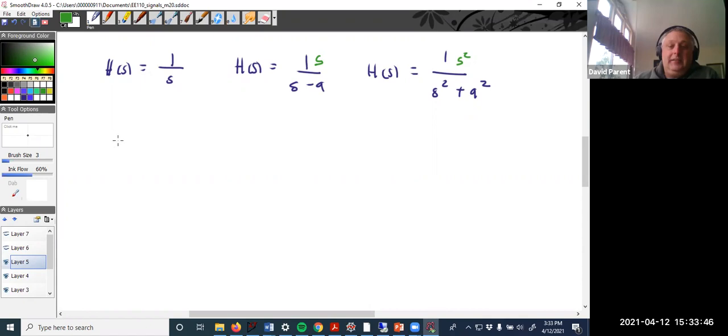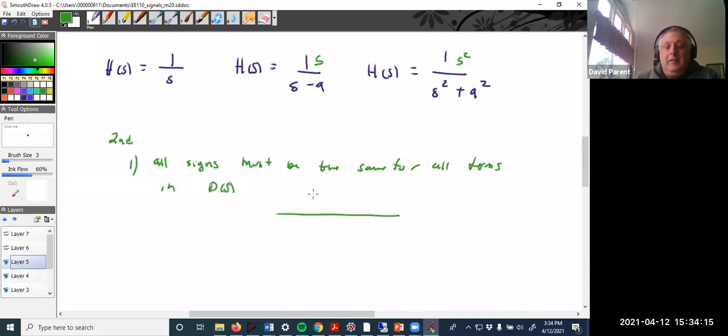But with second order systems, right, there's a few. All of these are the same sign, it's in control.